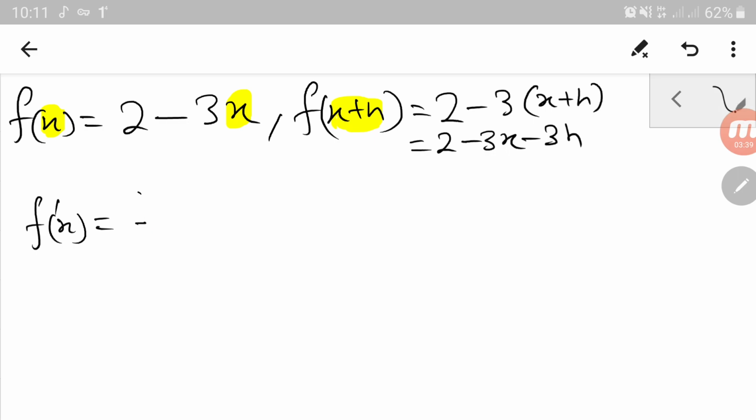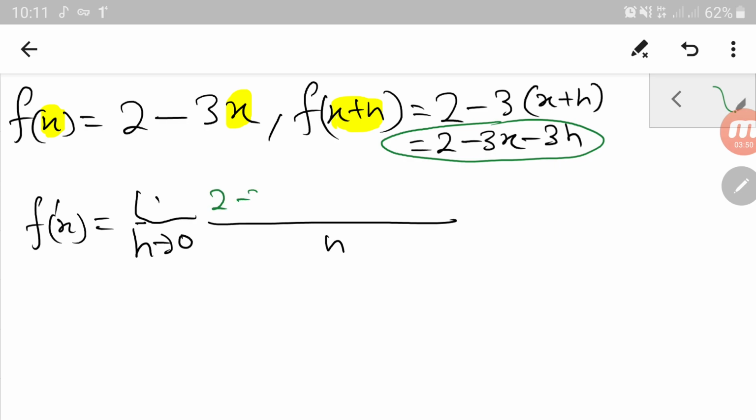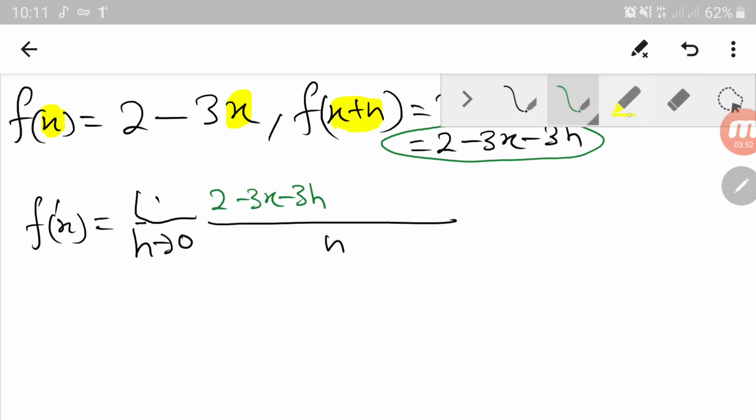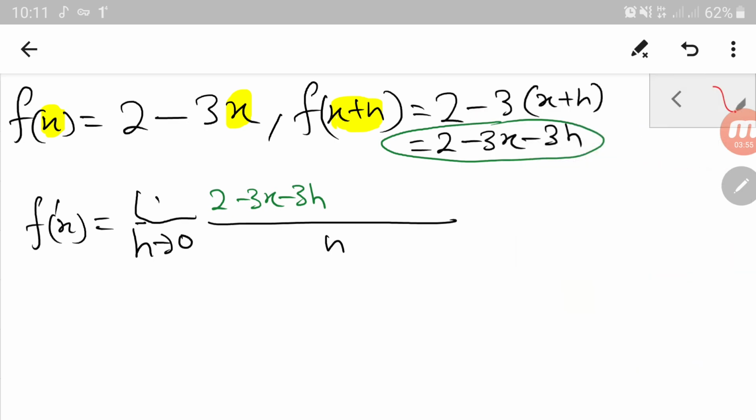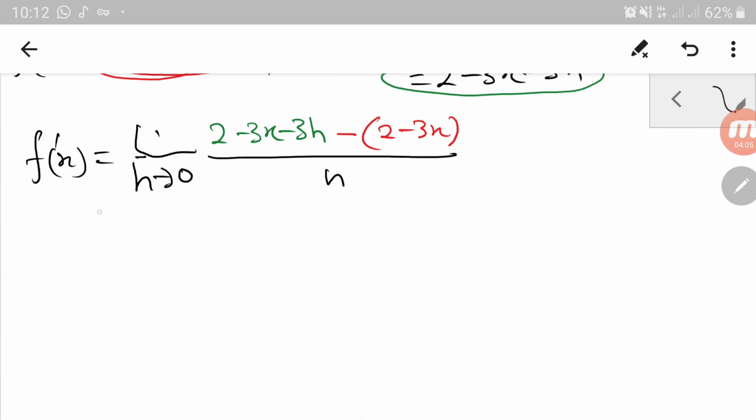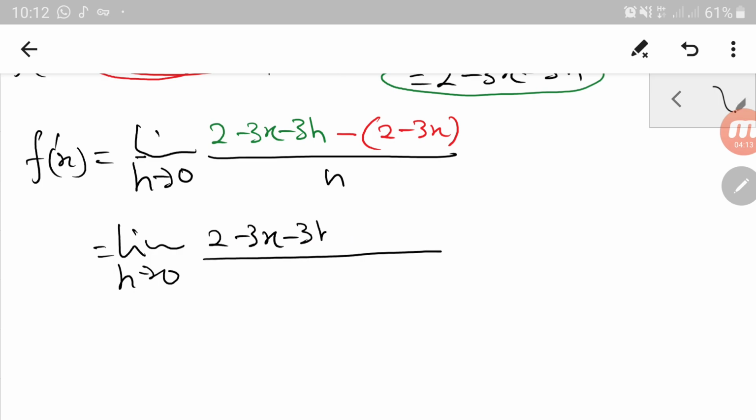So f prime is the limit h approaching 0. f(x plus h) is this one, right? So 2 minus 3x minus 3h. And then f(x) is this one, sorry. So minus 2 minus 3x. Now limit h approaching 0, 2 minus 3x minus 3h minus 2 plus 3x over h.